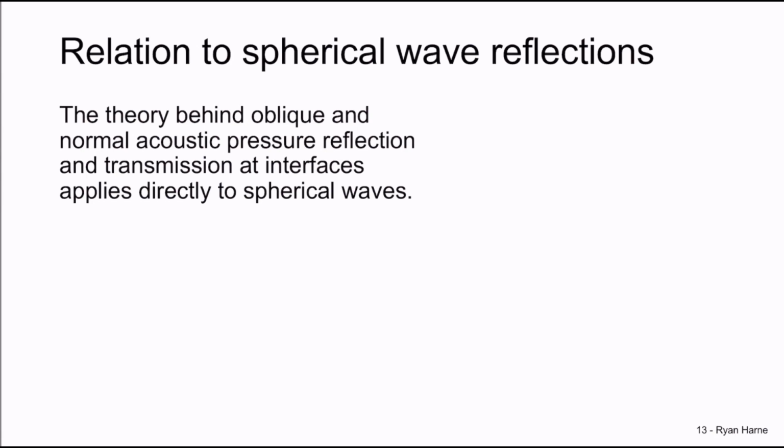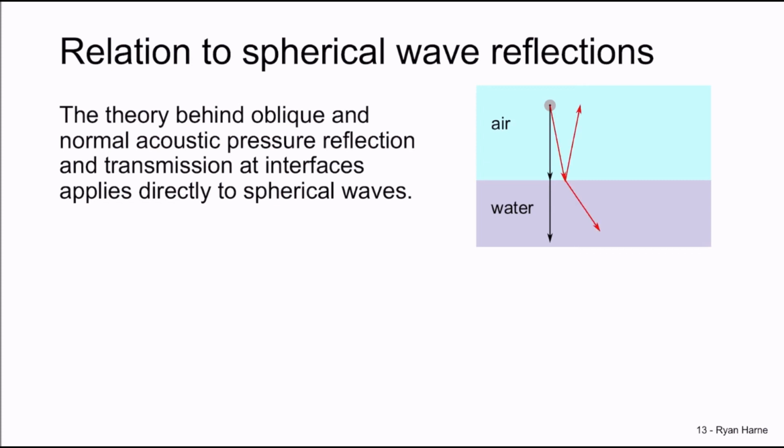This principle is likewise just as applicable to spherical waves as it is for plane waves. The theory behind both oblique and normal acoustic pressure reflection and transmission at the interfaces is directly applicable. So for a spherical source, if the waves are perfectly normal to the water, from air to water, they transmit, and some reflect, of course.